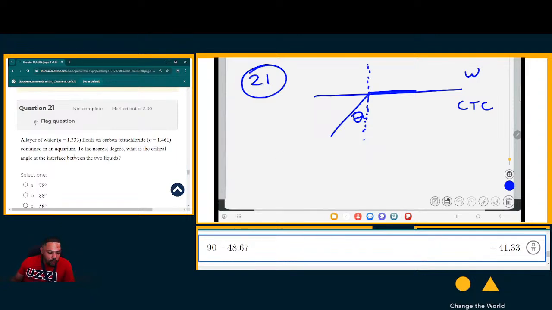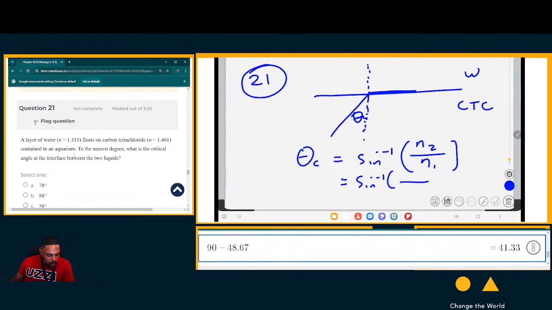Now, we've already calculated critical angles before. We know that the critical angle is equal to the inverse sine of the refractive index of the second medium divided by the refractive index of the first. In this case, it's the inverse sine of 1,33 divided by 1,461.